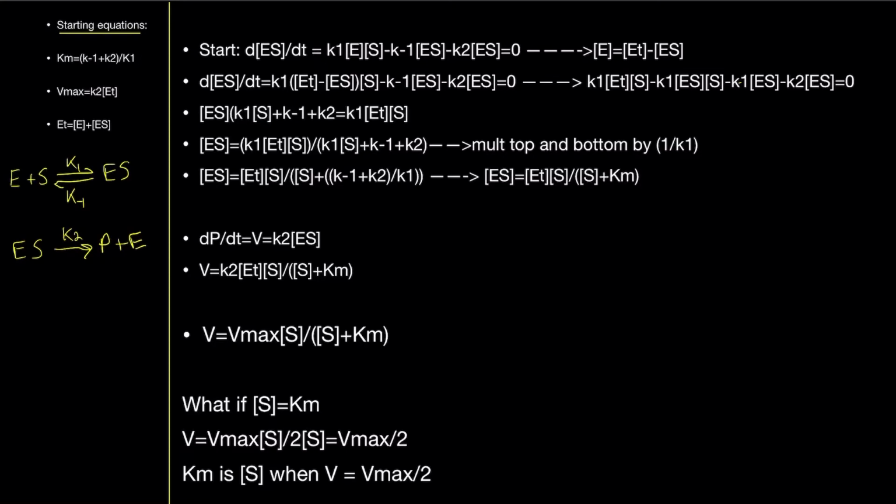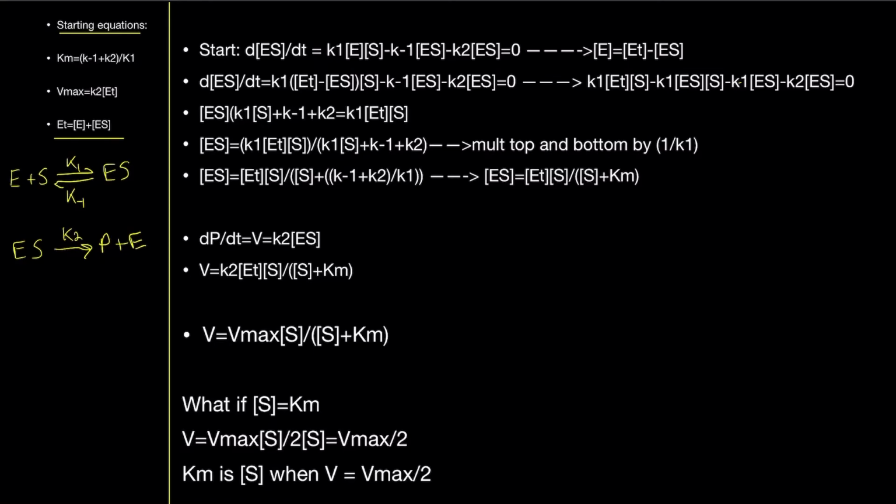Now, using one of our equations on the left side here, we want to get the unbounded enzyme concentration in terms of the total enzyme concentration. So using that equation, we see that unbounded enzyme concentration is equal to total enzyme concentration minus the concentration of the enzyme substrate complex.